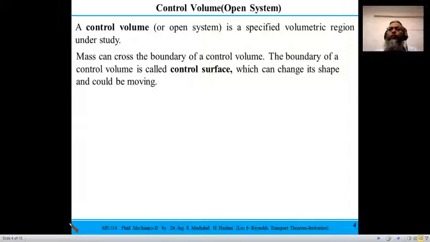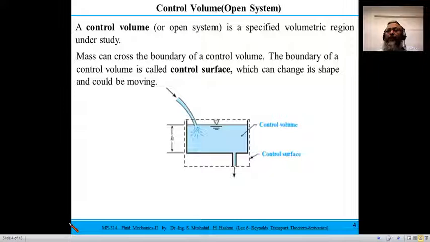The boundary over which this mass can cross would be called the control surface, and just like the boundary of a control mass, control volume boundaries can change shape, could be deforming, could be moving.